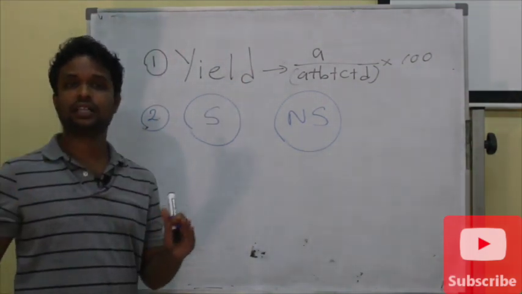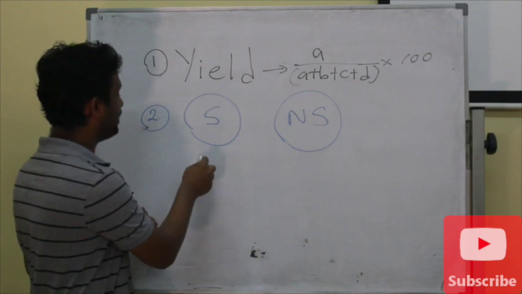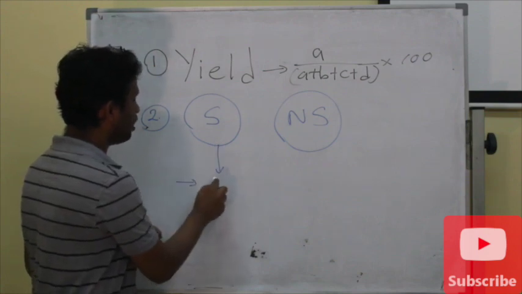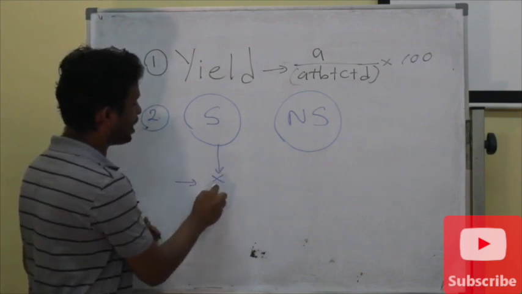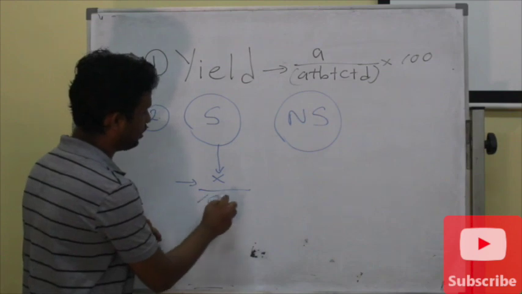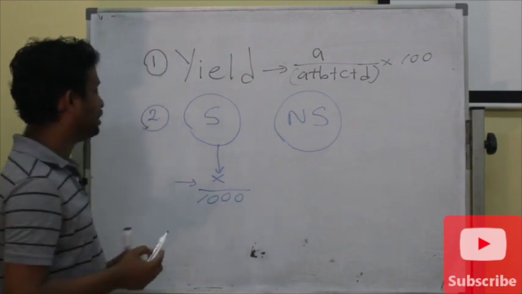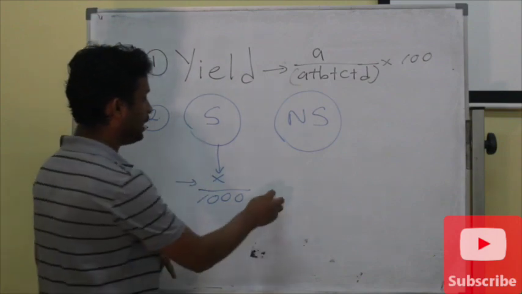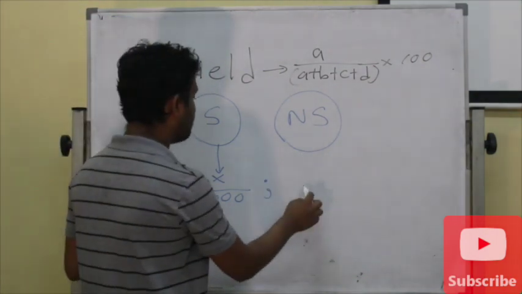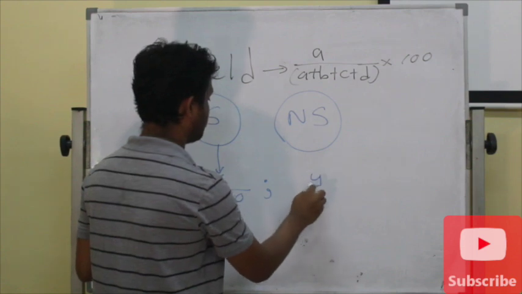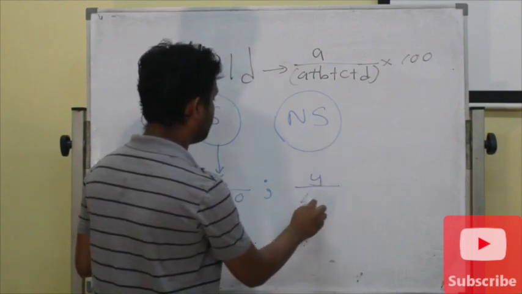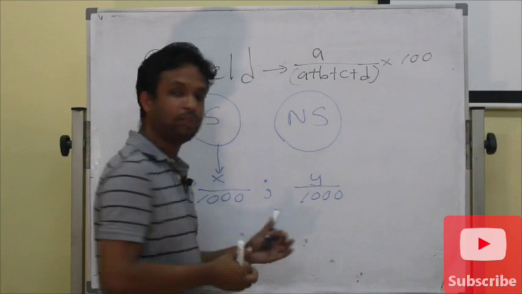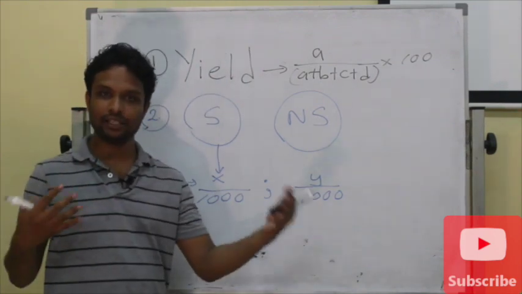At the end of the screening process, we can evaluate how many of them have died out of 1000 people. So X over 1000. And how many of them have died in this non-screened population? Simply, we can compare the mortality.